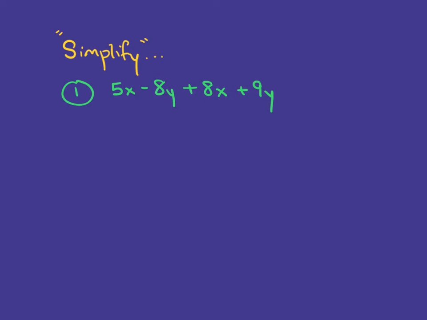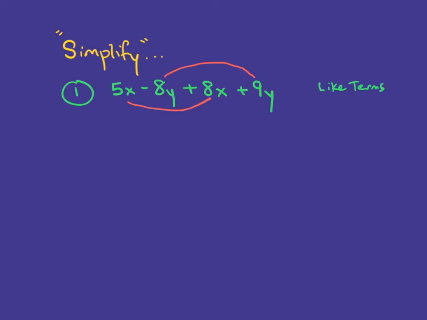First example, simplify. We've got 5x minus 8y plus 8x plus 9y. For these, you want to look for like terms when you're adding or subtracting, and we want to put those together. So here we've got 5x and 8x. They've got the same variable, x, and their exponents are the same on both of those, so they are like terms. And then also we've got the y terms we can put together. We've got negative 8y. Make sure you do consider the fact that that has a minus in front of it.